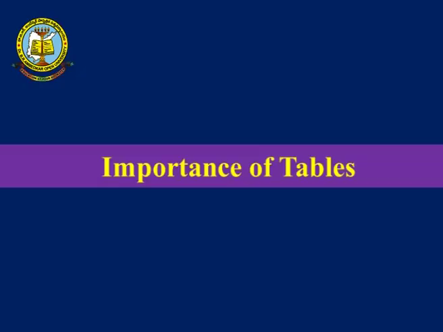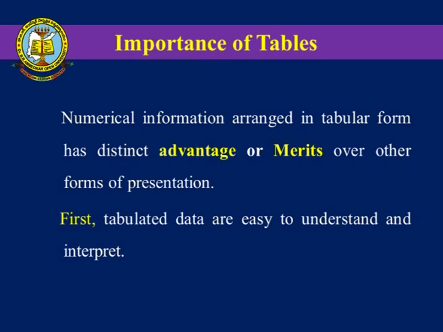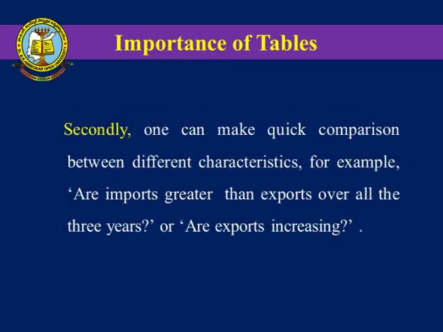Now, what is the importance of tables? Tables have advantages and merits, and also demerits. Numerical information arranged in a tabular form has distinct advantages or merits over other forms of presentation. First, tabulated data are easy to understand and interpret. Secondly, it allows easy and quick comparison.